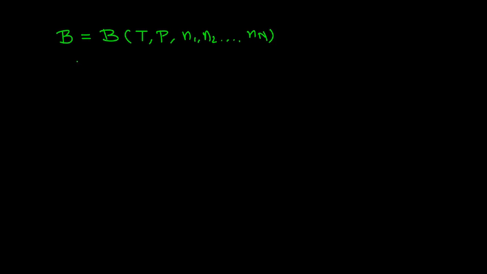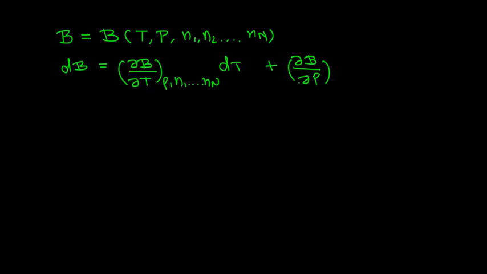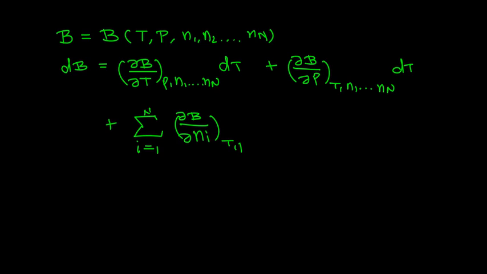Okay. And therefore I can write dB equals del B by del T at constant P, N1 to capital N dT, plus del B by del P at constant T, N1 to capital N dP, plus, for the derivatives with respect to Ni's, summation i going from 1 to capital N of del B by del Ni at constant T, P, Ni star dNi.